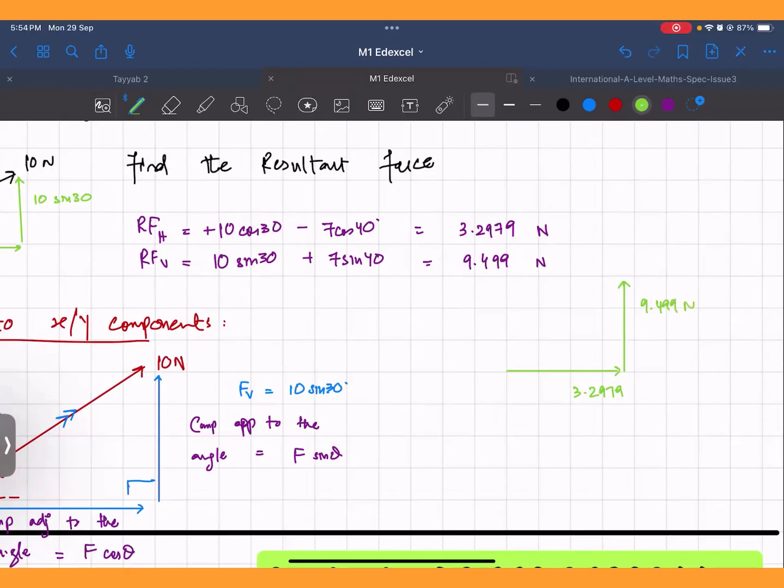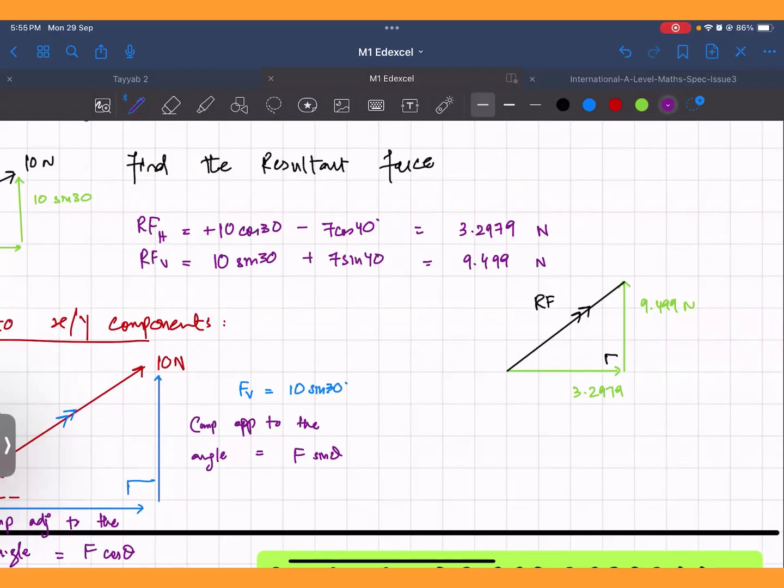And the resultant force will be this one. This is the resultant.